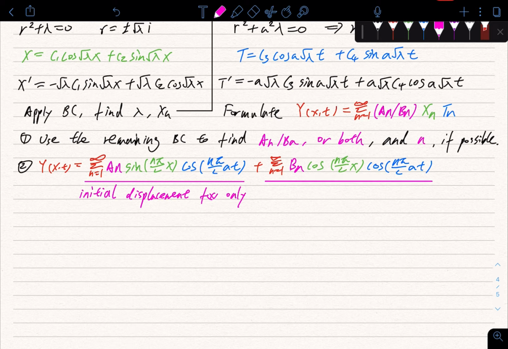And then the second term of the infinite series contains the solution of initial velocity g of x only.